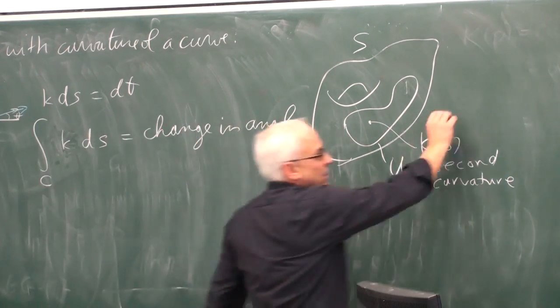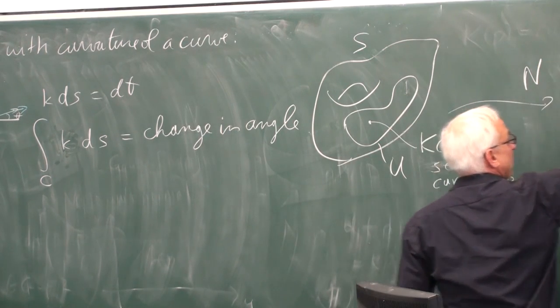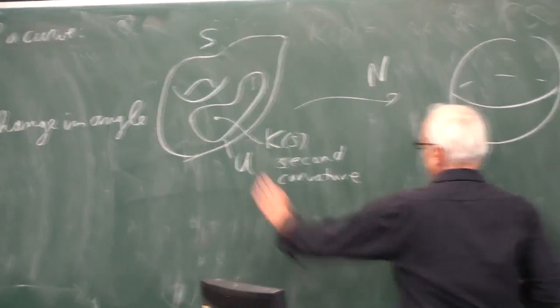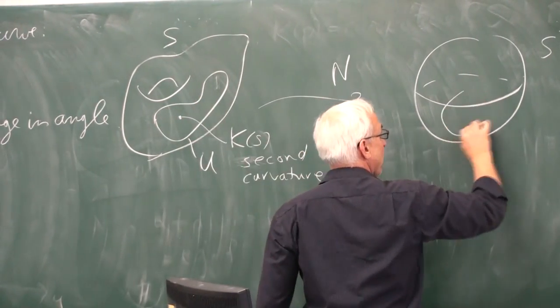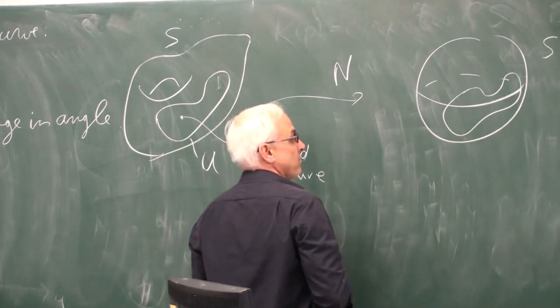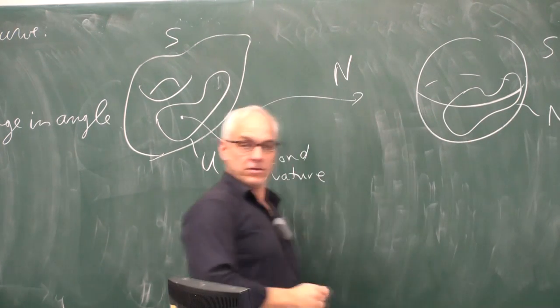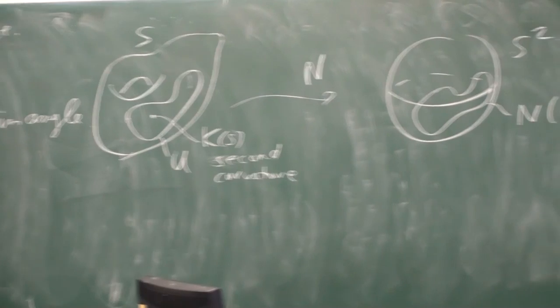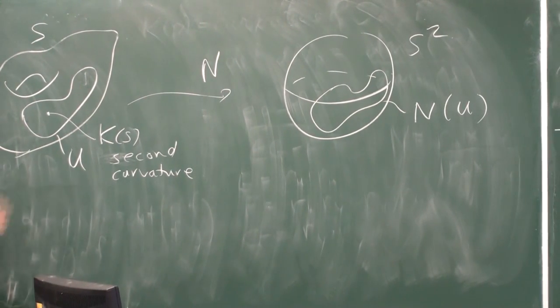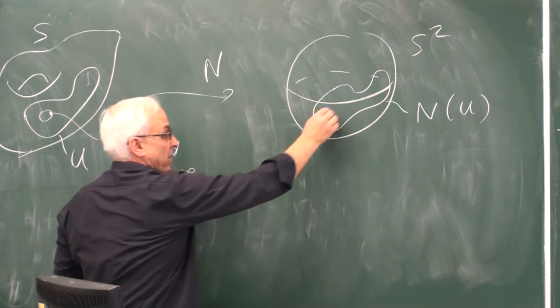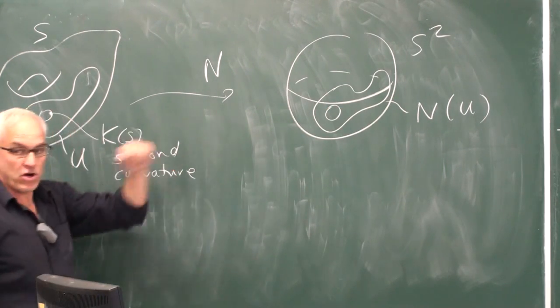If we think about the normal over here on the S2, the image of this will be some part of the two-sphere. And Gauss is telling us that the relationship between a small area here and a small area here is just that we are multiplying by the curvature.